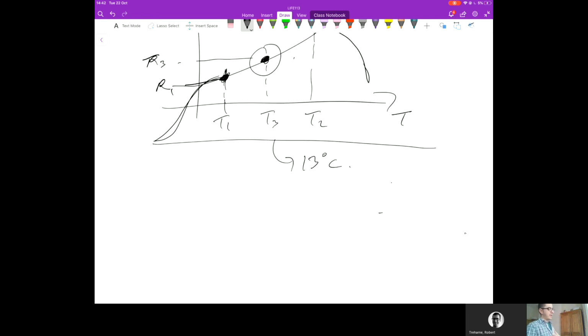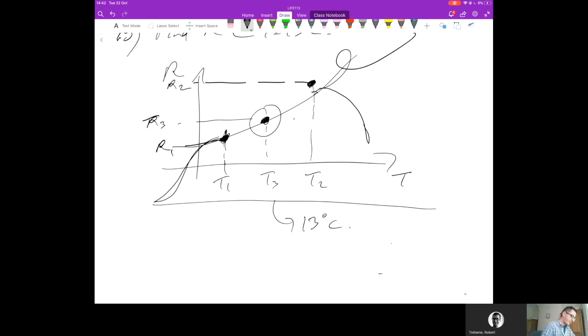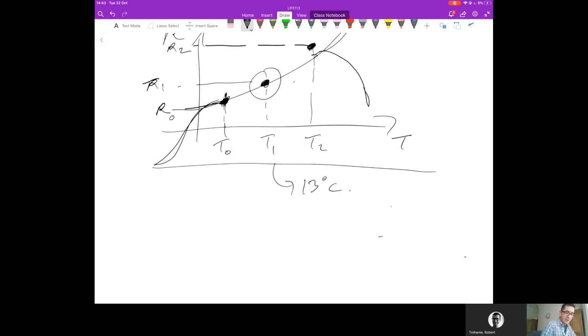I am going to still use that relationship, but I've got to be very, very careful in the order in which I put these values. So maybe it's not a good idea that I call this 3 to begin with. It's going to confuse me. I would relabel this new value, this rate at 13 degrees that I'm trying to find, as R1. I call the original one T0. I call that T1. So that way I can still use the same equation.